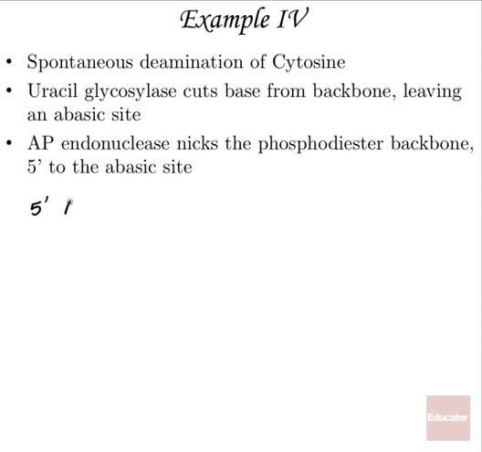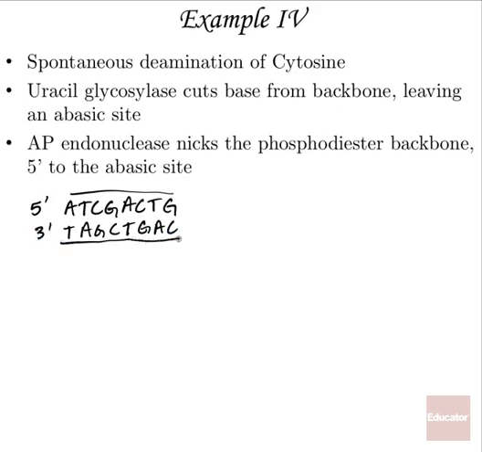Here's a DNA sequence: A, T, C, G, A, C, T, G, and the complementary strand is T, A, G, C, T, G, A, C. If we have spontaneous deamination, that is when we have our amine group coming off.